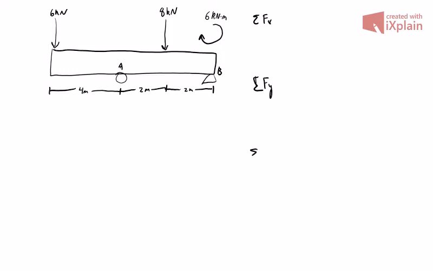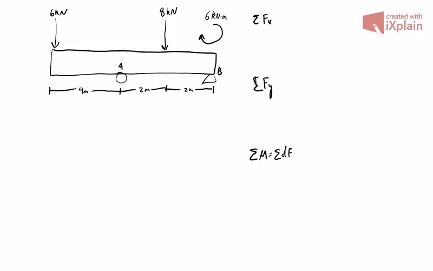When you do your sum of your moment equations, which we would sometimes write as sum of d times f, well, it's going to pop into that because it's a moment. However, you're not going to have to do any distance times force because it's already in Newton meters. It is already a force times a distance. So you'll see how this plays out as we solve for the reaction forces in this problem.